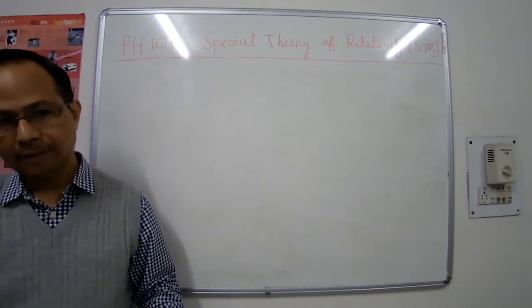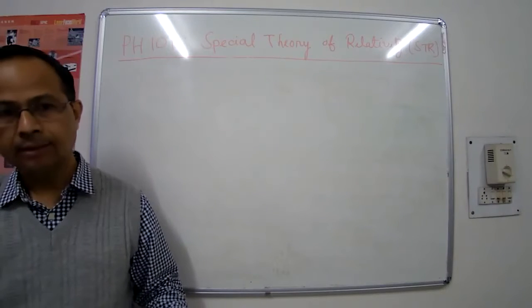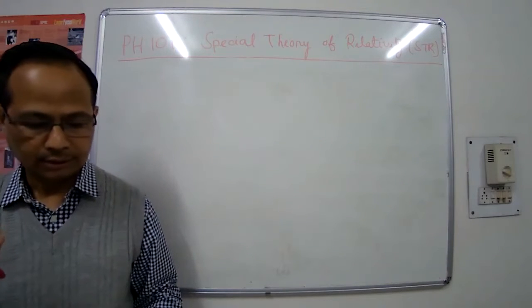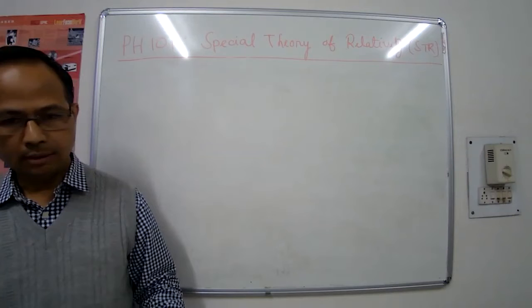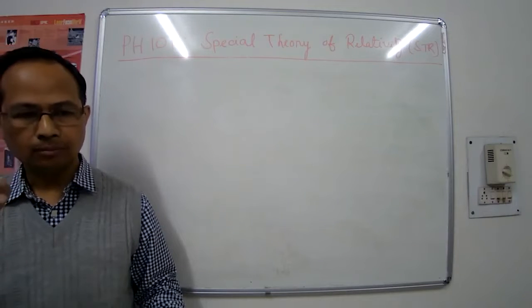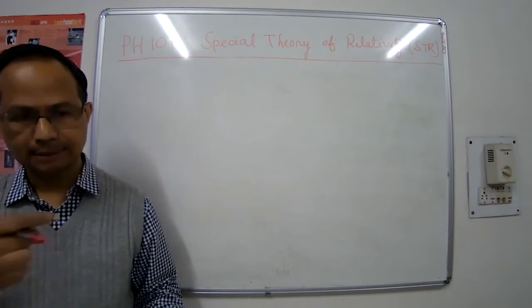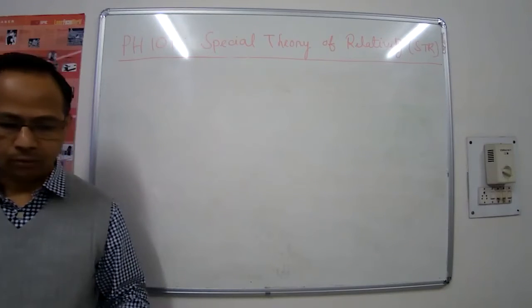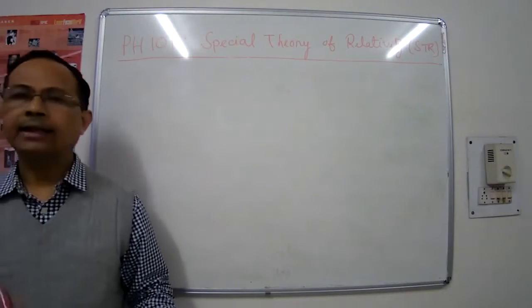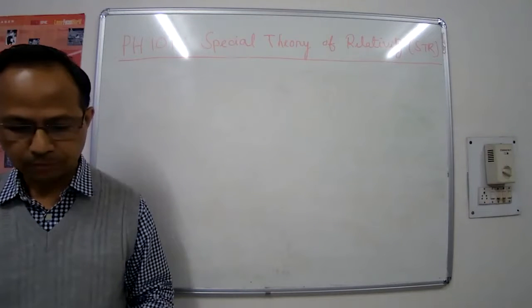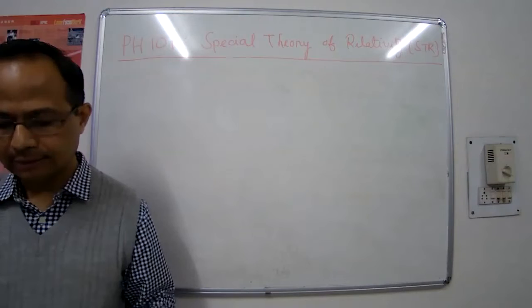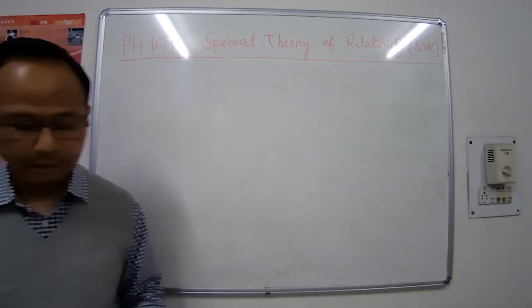Because of the gravitational effect of the other planet, there is a shift in the position of Uranus. So in order to make Newtonian mechanics correct, the presence of another planet was predicted, and eventually it was found. It was not just predicted, it was also observed that, yes, indeed, there was another planet.